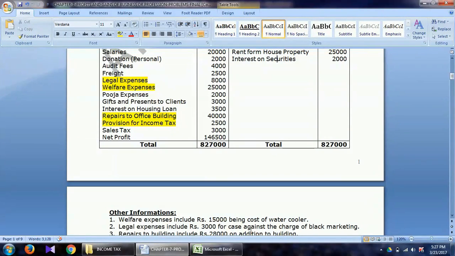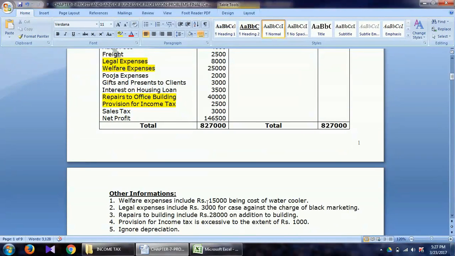It does not mean you have already been proven guilty. So entire legal expenses, even 3,000 for the case against the charge of black marketing, will be treated as business expenditure and allowed for deduction. Hence I will not be adding back any amount here.